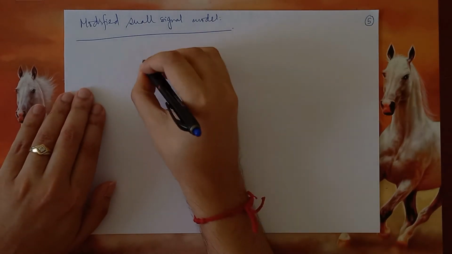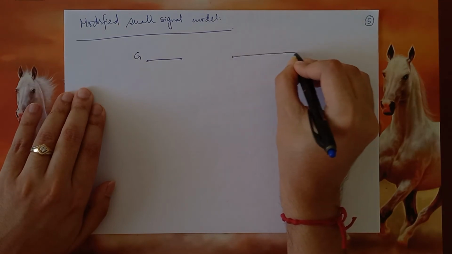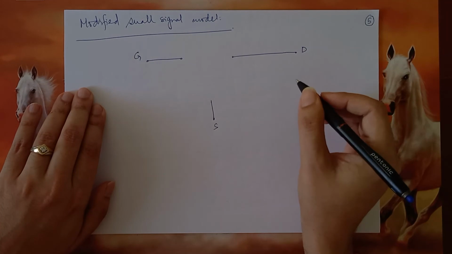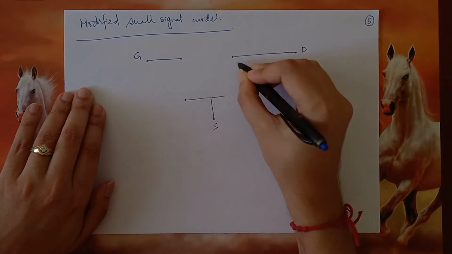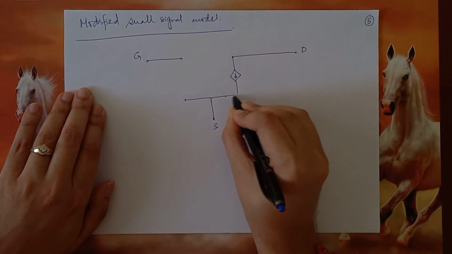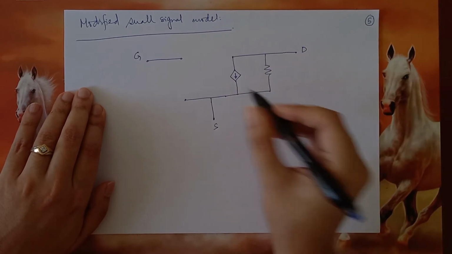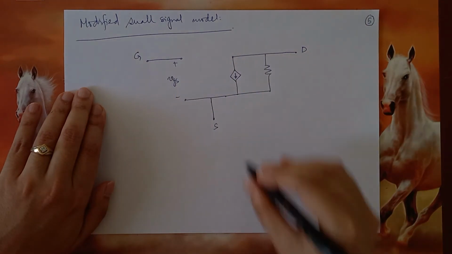So therefore, we had said this is the gate, this is the drain, this is the source. So we had said this is what it looks like. VGS is over here.